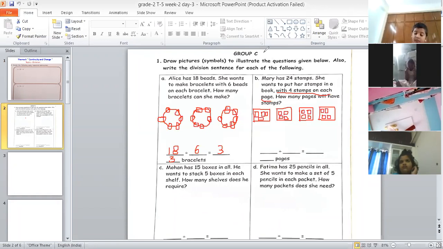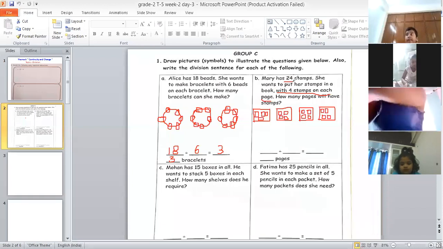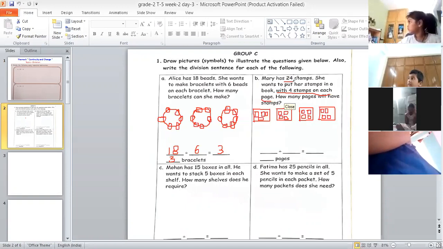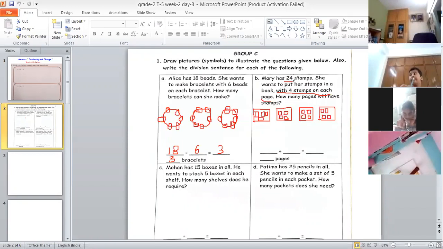And according to the question, how many stamps should be there? Total number of stamps were 24. According to the question, total number of stamps were how much, Srimant? Yes, 24.